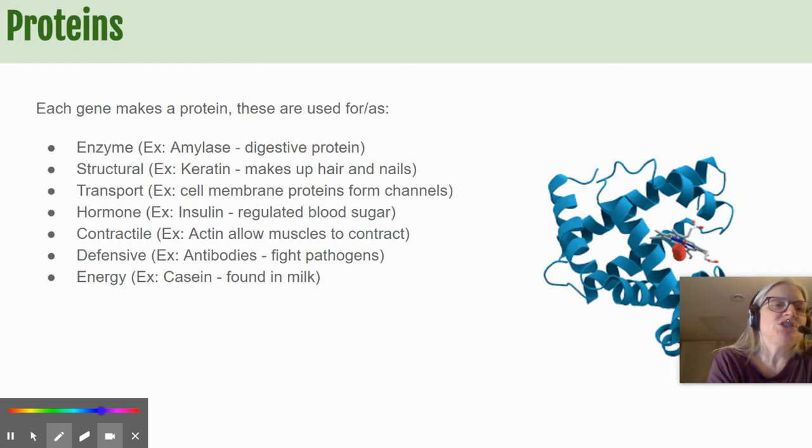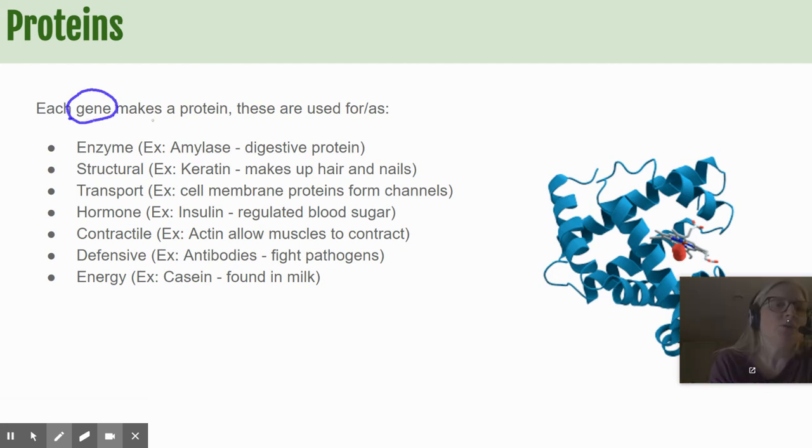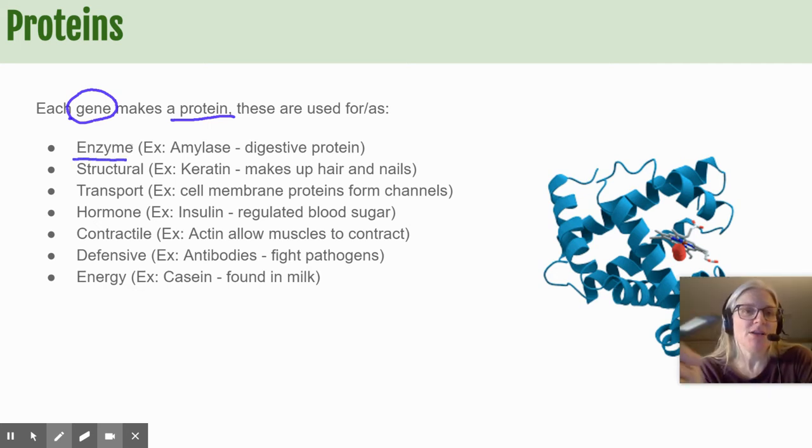So some of these genes are actually coding for a protein. Okay, so there's a lot of different kinds of proteins. Down below here are some examples of the different types of proteins and what they could be used for. So there are proteins that are enzymes, and these speed up reactions in your body. So one might be like a digestive protein, like amylase, which helps digest your food.